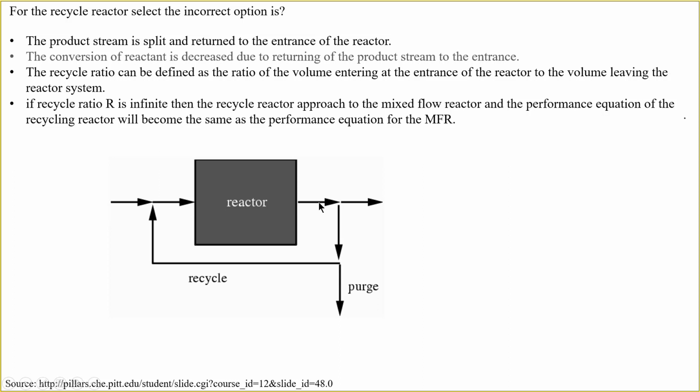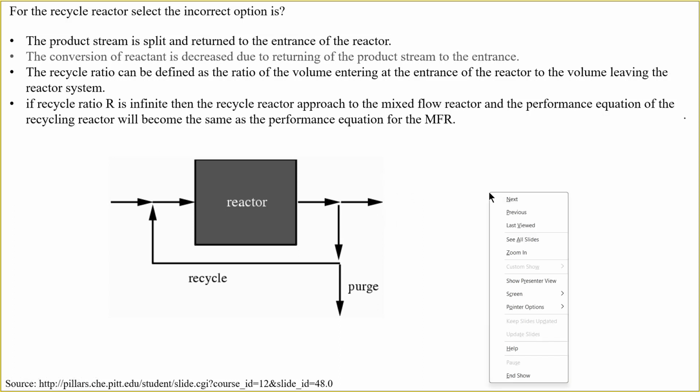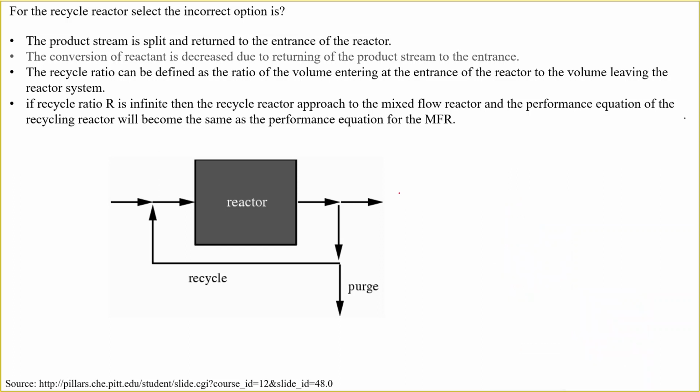And then, as the outlet flow rate is flowing out, we can see that it diverges into two parts. One is the product stream, which comes out on this side, and the other side is going back to the reactor itself. Some of it is purged, and the rest of it is sent into the recycle.